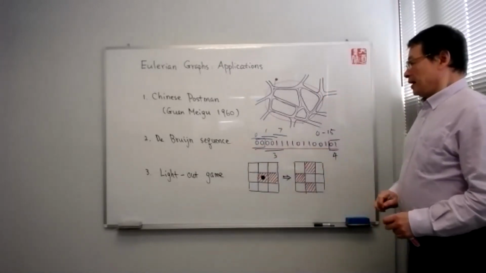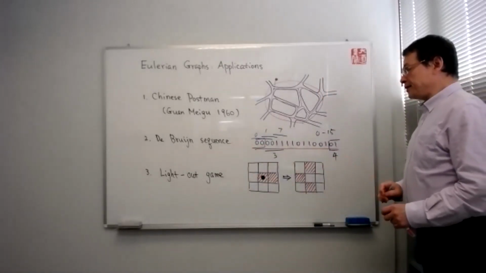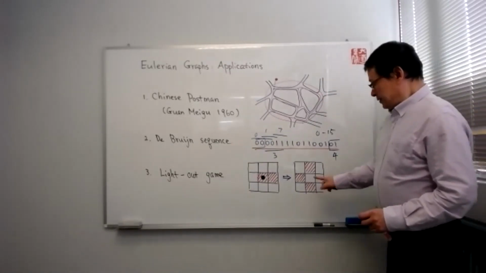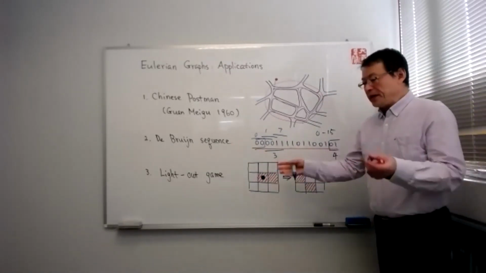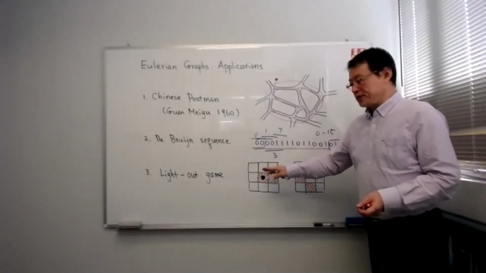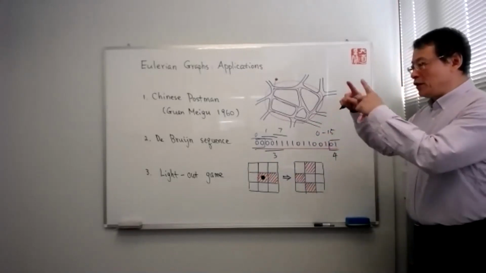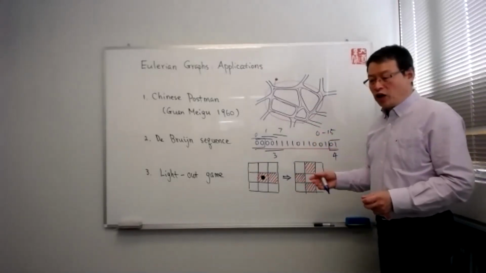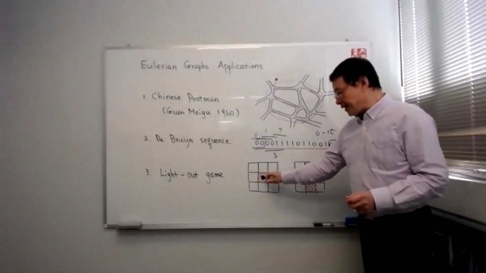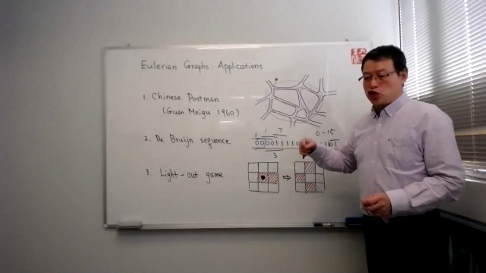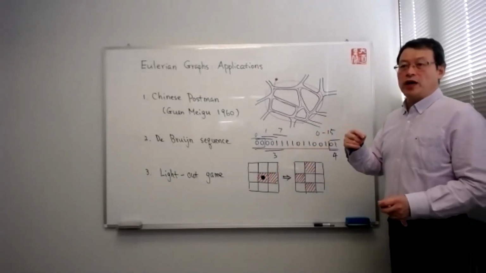A third one is the Lights Out game. Typically it is played on a square board, like a square chessboard, not a rectangular one. Some lights are on, some square lights are off. When we push a button, the light on that particular square changes from on to off and from off to on.